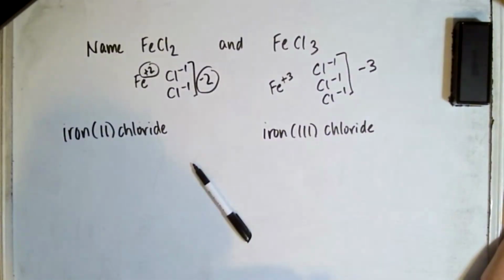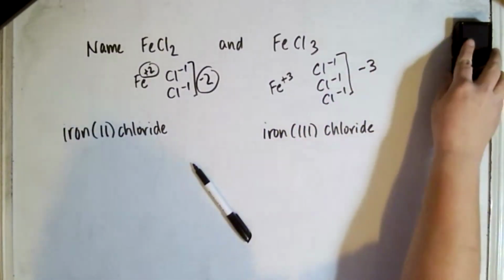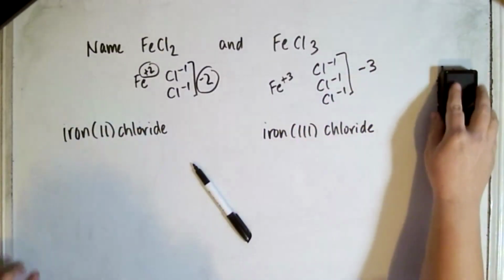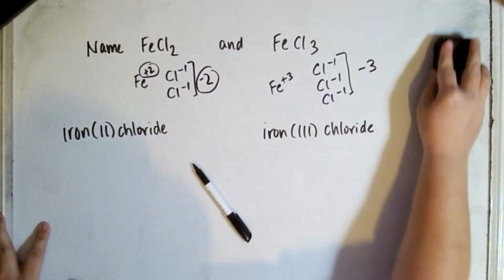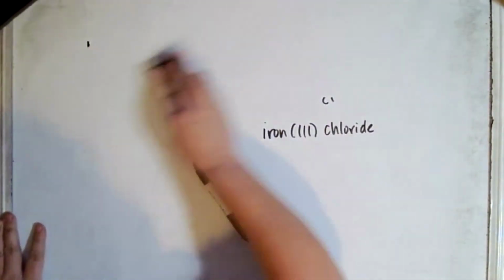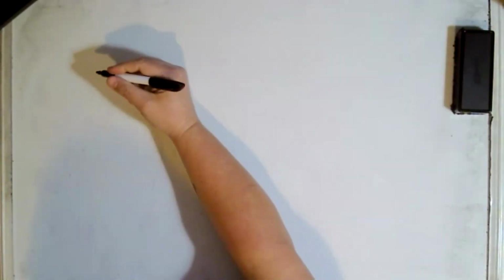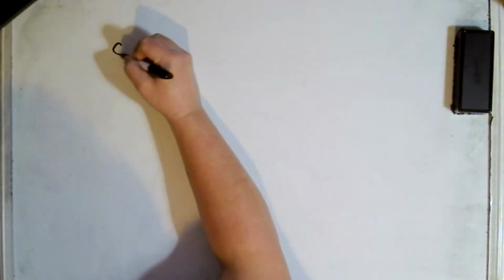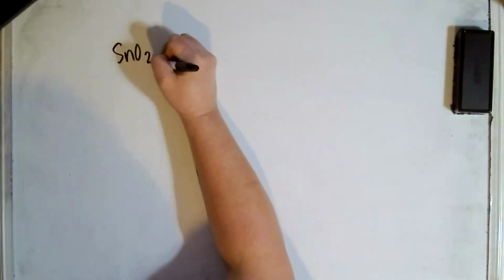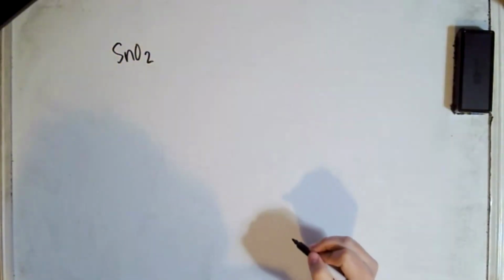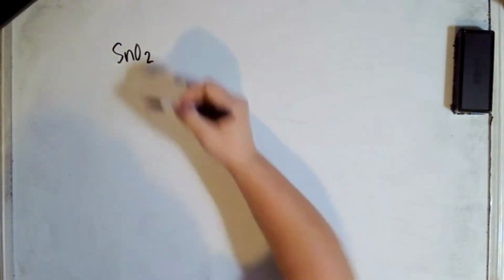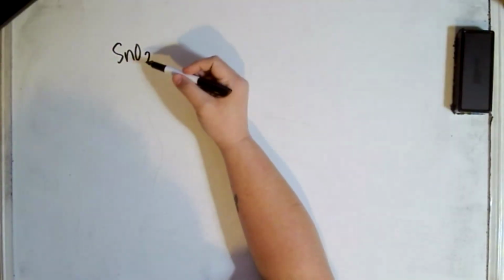All right, next example. Name the following ionic compound containing a variable charge element. And the compound that they want us to name is SnO2. Okay. They're telling us that the metal has a variable charge.